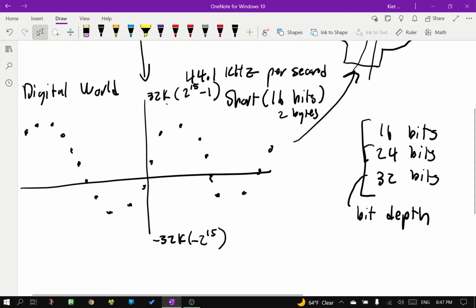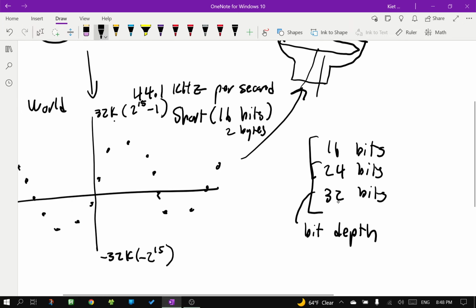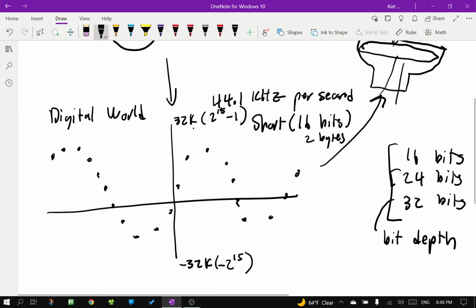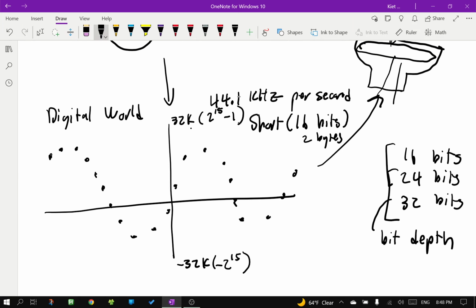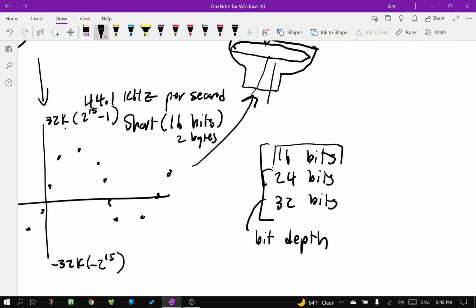Instead of using 2 bytes for each sample, you would have to use 3 or 4 bytes, and multiply that by the number of samples per second and by the duration of the audio file. It can be quite significant in terms of file size. So I think that is why we usually use 16 bits.